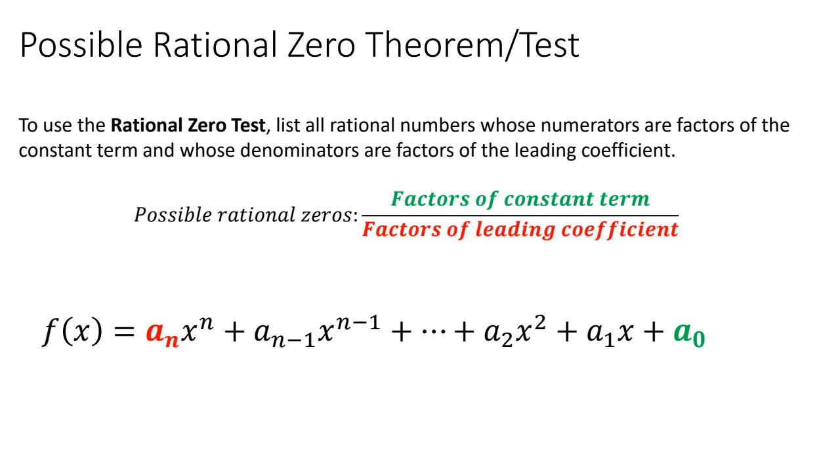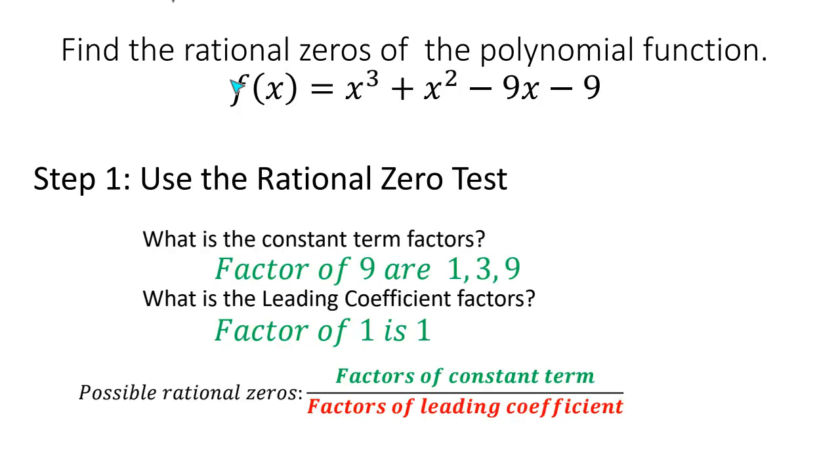The possible rational zero theorem test is helpful to help us find possible zeros. In order to do that, we need the factors of the constant and the factors of the leading coefficient. So it says find the rational zeros. The first thing to do is use the rational zero test so that we can make our list shorter.